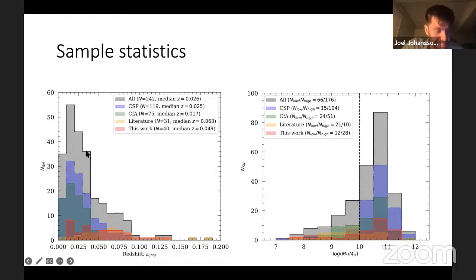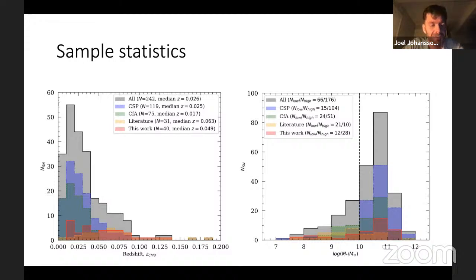Not to get into details, but a lot of the work in the near infrared has been done by the Carnegie Supernova Project, which is this blue histogram here. They observed a lot of nearby supernova with super well sampled light curves from the optical to the infrared.